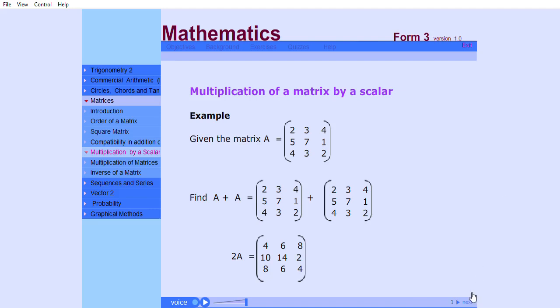Find A plus A is equal to matrix 2, 3, 4, 5, 7, 1, 4, 3, 2 plus matrix 2, 3, 4, 5, 7, 1, 4, 3, 2. Therefore, 2A is equal to matrix 4, 6, 8, 10, 14, 2, 8, 6, 4.